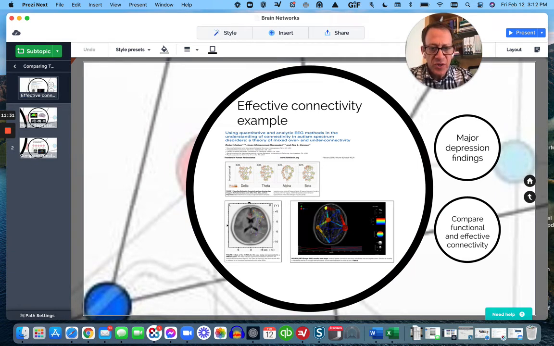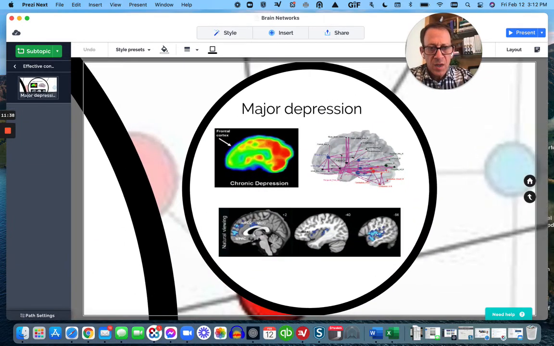Let me just show you a clinical example. So again, this is an example of an individual with major depression. We saw an example of autism with a mu rhythm problem. Now I'm going to talk about major depression. So this is what we know about research in major depression. PET scan findings show diminished activity over left frontal temporal limbic regions of the brain. fMRI data show anomalies in the left frontal, temporal, and limbic regions.